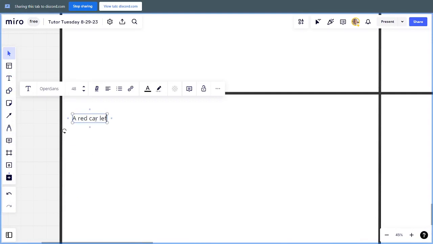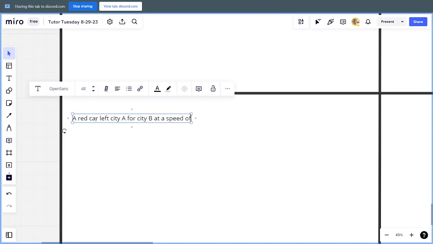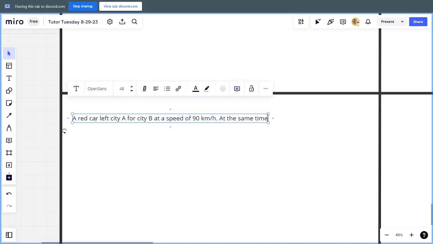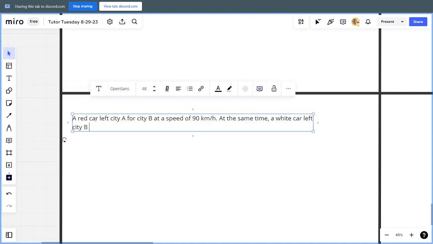Okay, a red car left city A towards city B at a speed of 90 kilometers per hour. At the same time, a white car left city B for city A at a speed of 60 kilometers per hour.